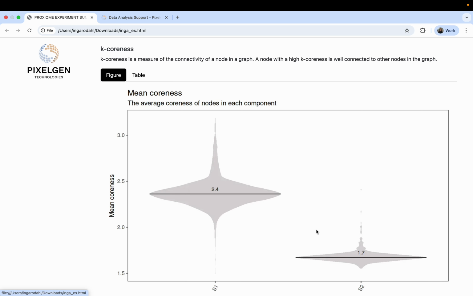So here again we can look at it globally, and by visual inspection we can see that quite a bit of changes are happening in the proxiome from sample 1 to sample 2, which is the activated one. But we're maybe more interested in looking per cell type.